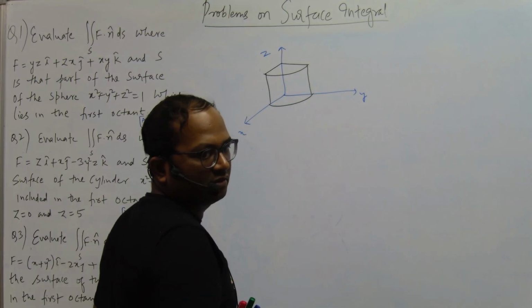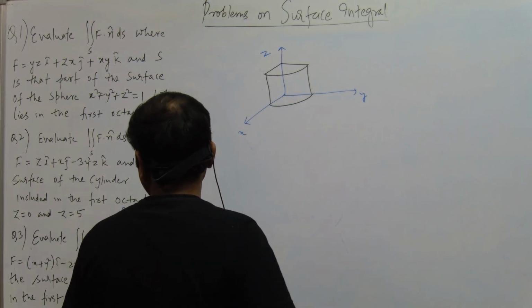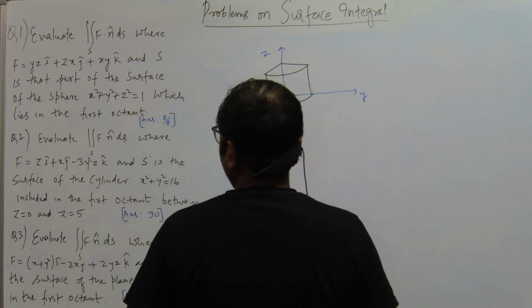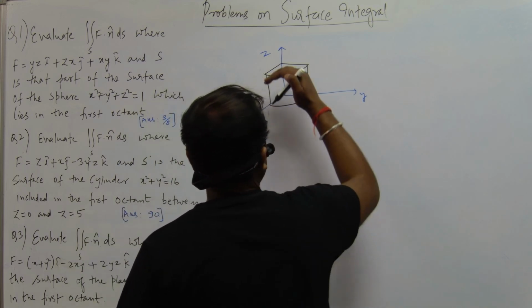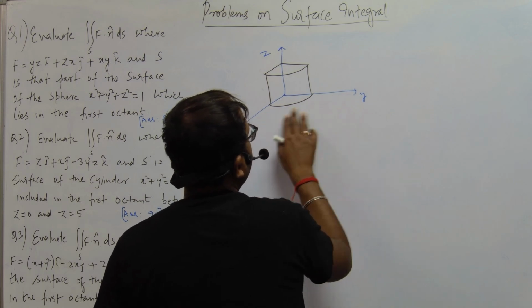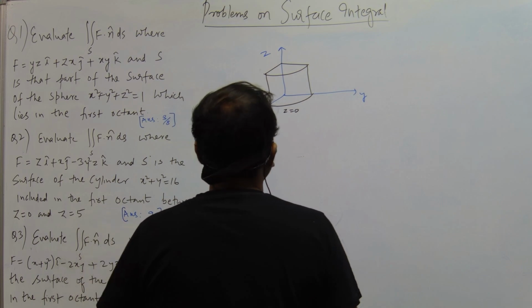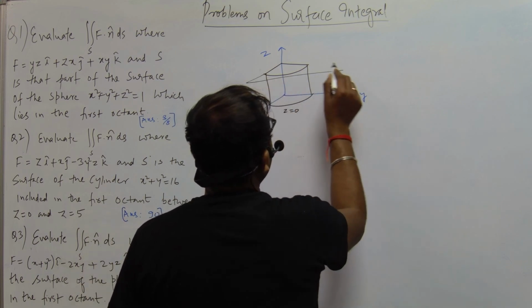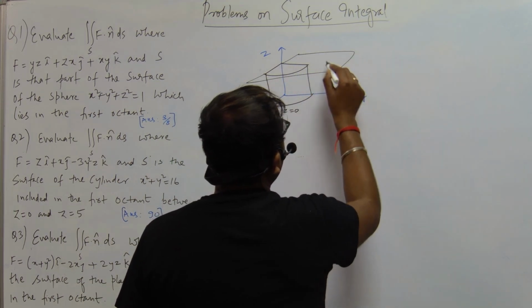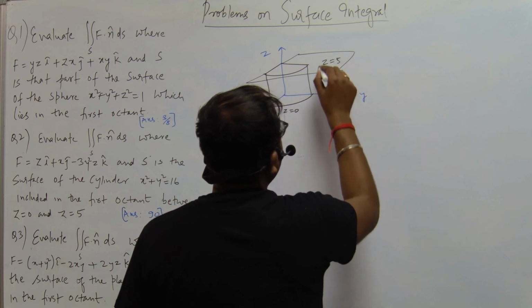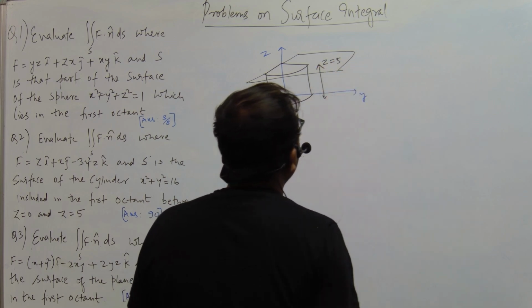Our cylinder in the first octant is between the plane z is equal to 0, the xy plane, and the plane z is equal to 5. The value of z varies from 0 to 5.